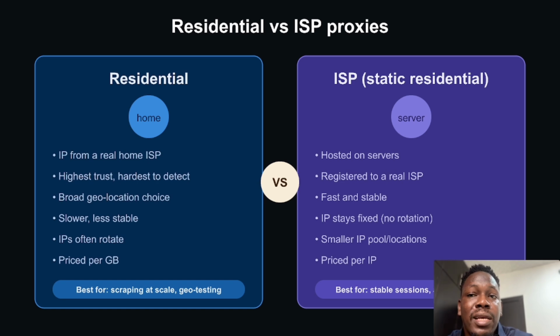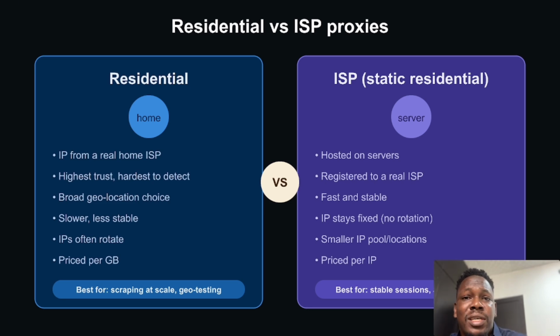It is the highest trust. It's very hard to detect because it's using a real person's IP address. But it is slower, and it always rotates. So its IP is rotating, it's not sticky. There's a difference between a sticky and a rotating proxy.